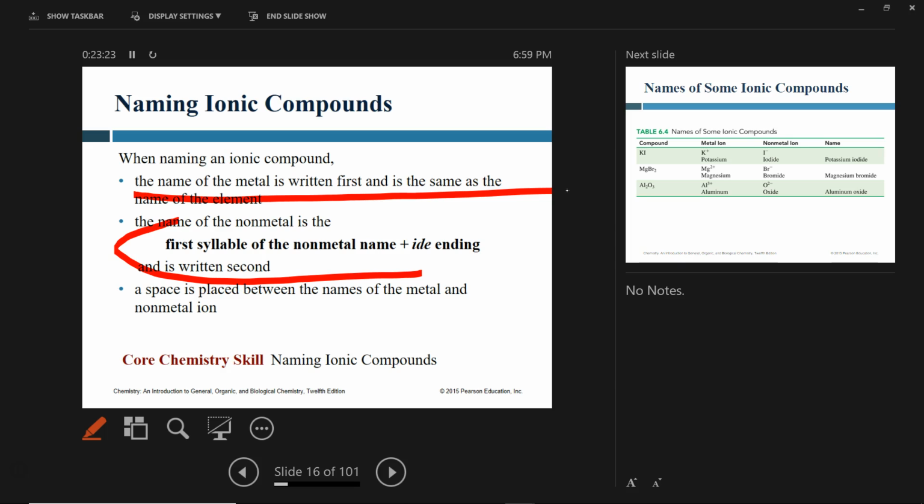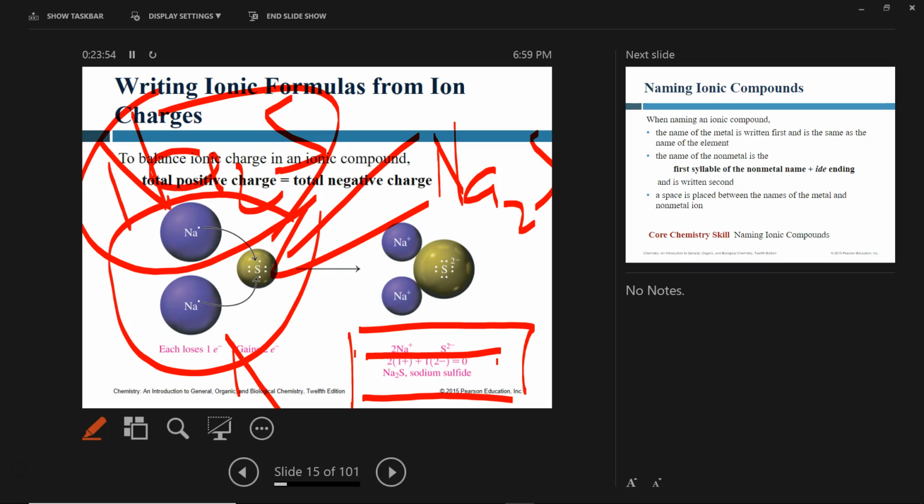I'm going to pick letters that are not in the periodic table: A, L, X. There are no elements called A, L, or X. You always write the element with the most metallic character on the left, and metallic character decreases as you go from left to right.